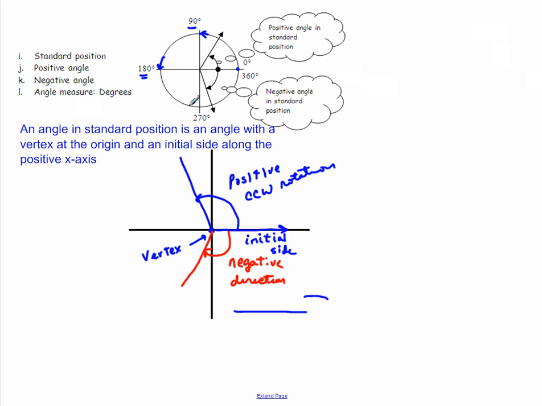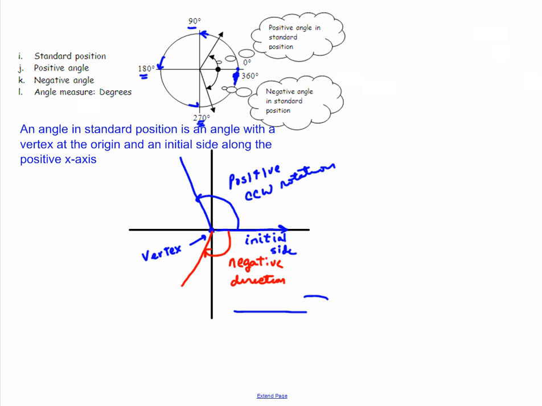Continuing a little bit further, 270 degrees is measured along the negative y-axis over here. And then finally, one full rotation would be 360 degrees. Most people are familiar with these measures from 0 to 360 degrees. We can continue rotation beyond 360 degrees.